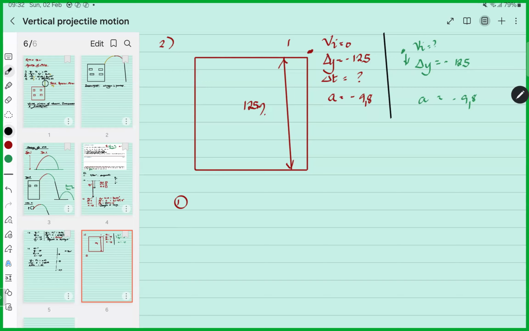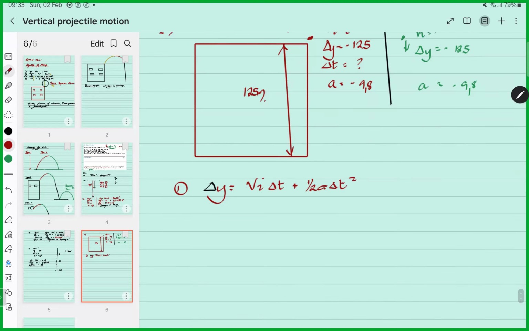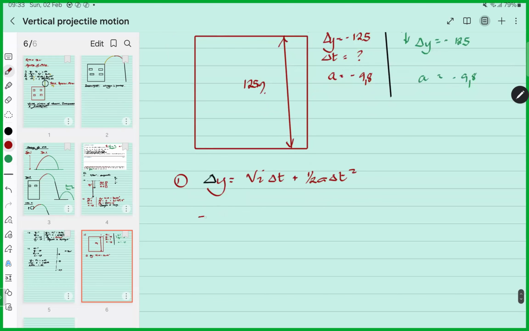So if you use delta x in school, please feel free and use delta x. There's nothing wrong with it. But I'm just a fan of using delta y. So your delta y is minus 125.